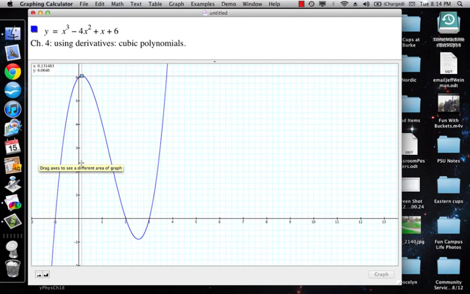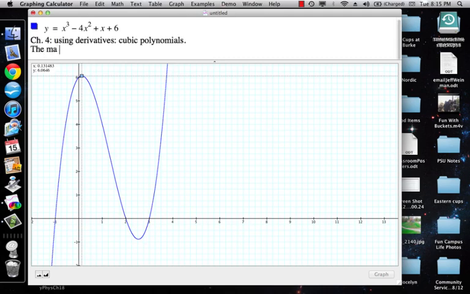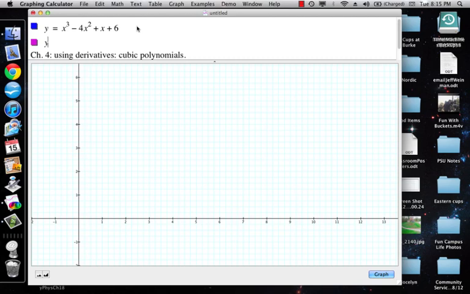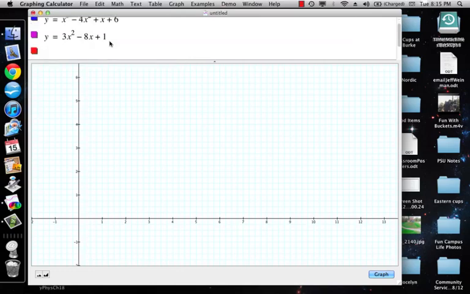Well, in calculus, the max and the min are where the derivative equals 0. So why don't we just take the derivative? It's pretty easy. y equals 3x squared minus 8x plus 1. Now let's not even try to factor that. Let's just plug it into the quadratic formula.